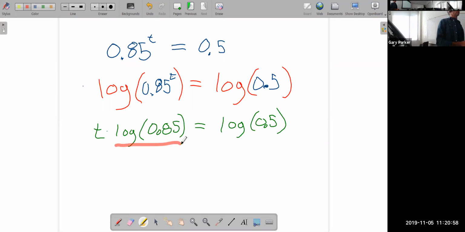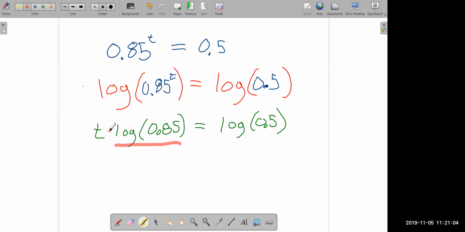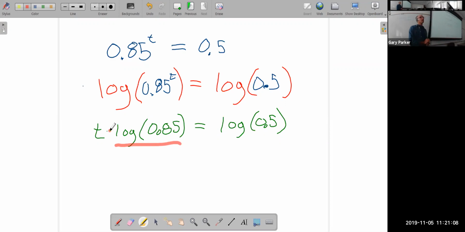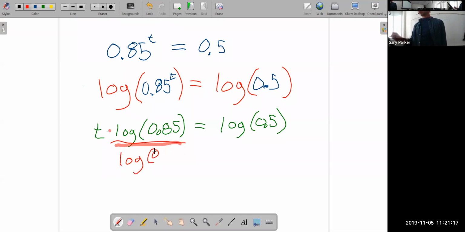It's some number. It's connected by multiplication. So how do we get rid of multiplication? Divide. We just divide by it, okay? So I'm not going to bother plugging into my calculator yet. What I'm going to do is divide both sides by this number, and this number has a weird name. Its name is log of 0.85. And if I divide on one side, I have to divide on the other side.